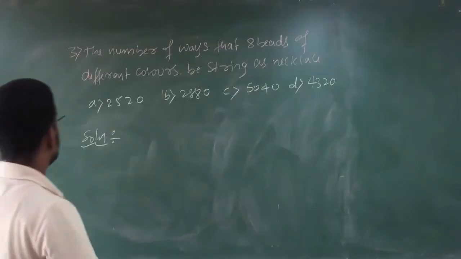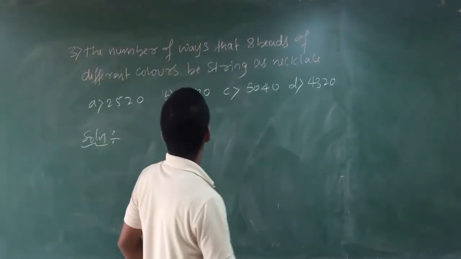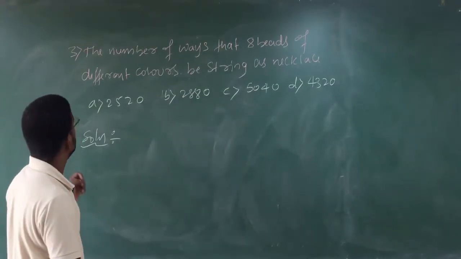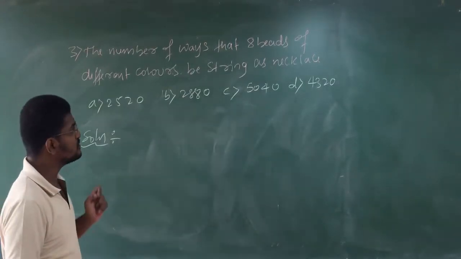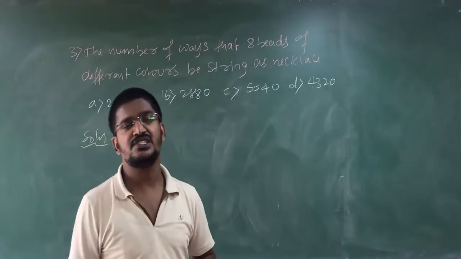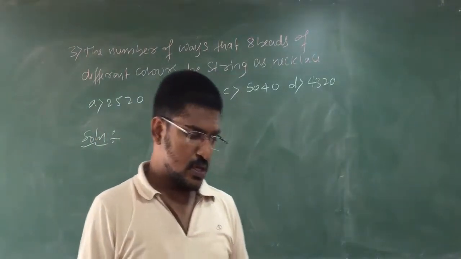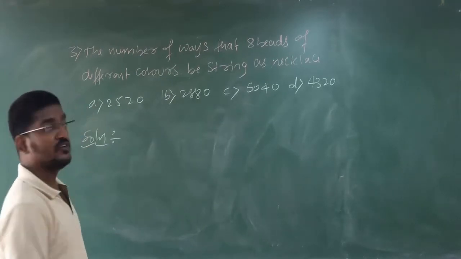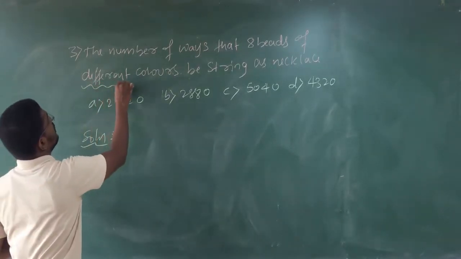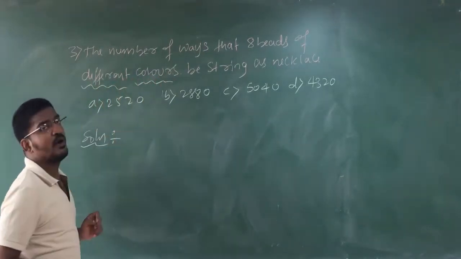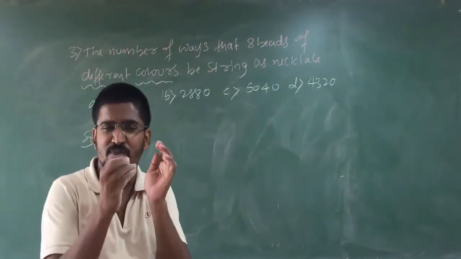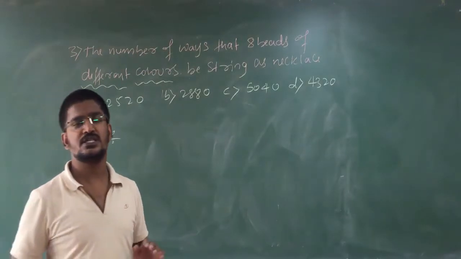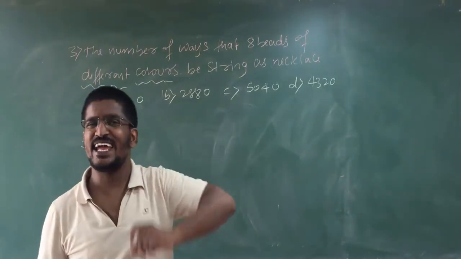Clear? Okay students, the number of ways that 8 beads of different colors can be strung as a necklace. See, here they are confusing you by telling different colors. Mainly the problem is of a necklace. Are you getting my point? Beads and necklace.